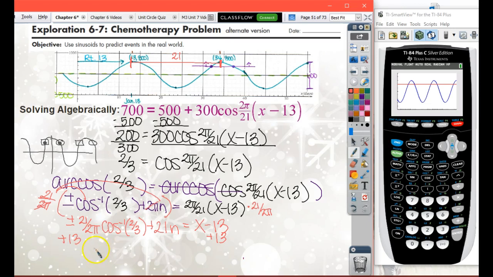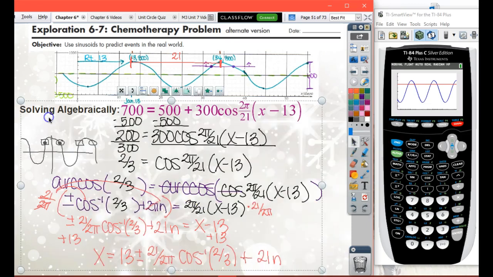So my general solution for x is 13 plus or minus 21 over 2 pi cosine inverse of 2/3. This is going to give me the circle and the square, my two starting points, plus 21n is then going to get me more answers, depending on what my problem is asking for.